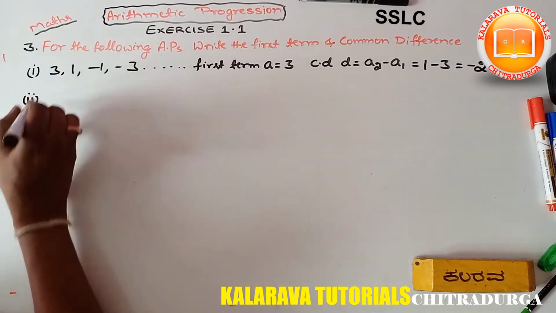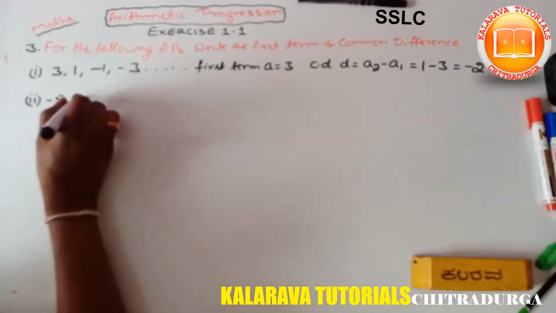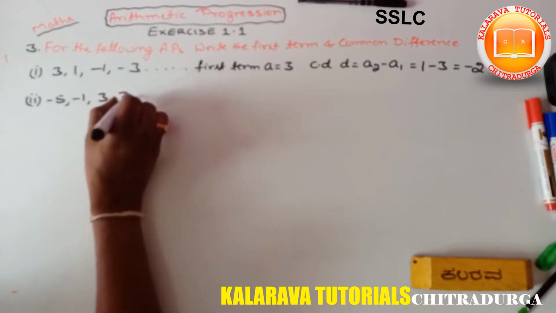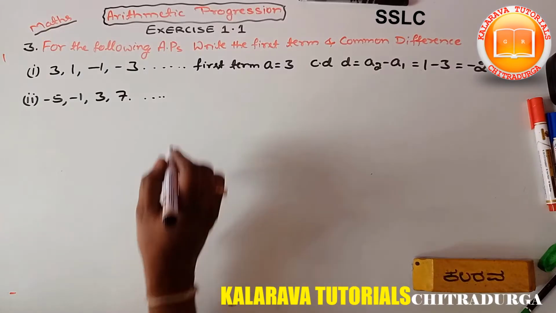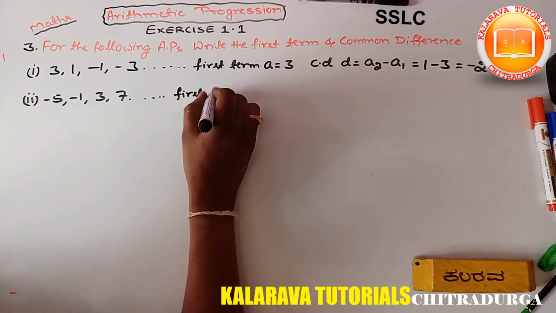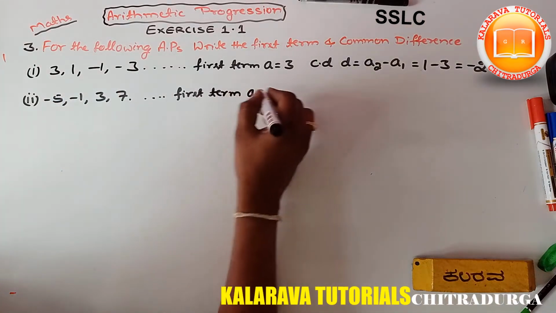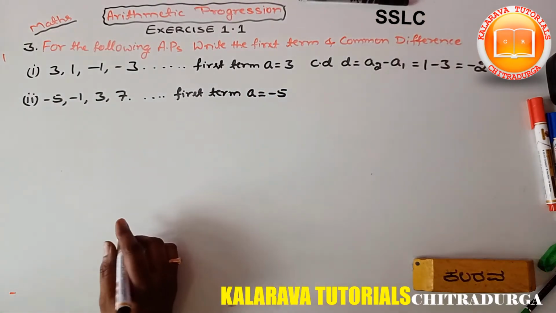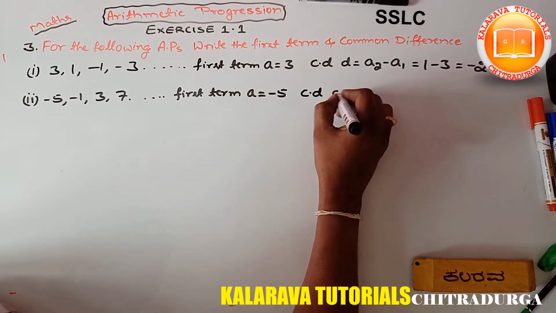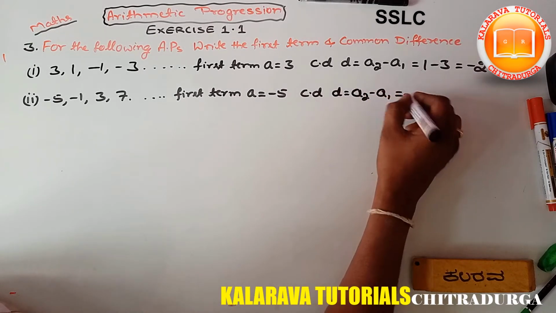For the second problem, they have given minus 5, minus 1, 3, 7 and so on. Here you have to write the first term. First term A is equal to minus 5. For finding the common difference, D is equal to A2 minus A1.